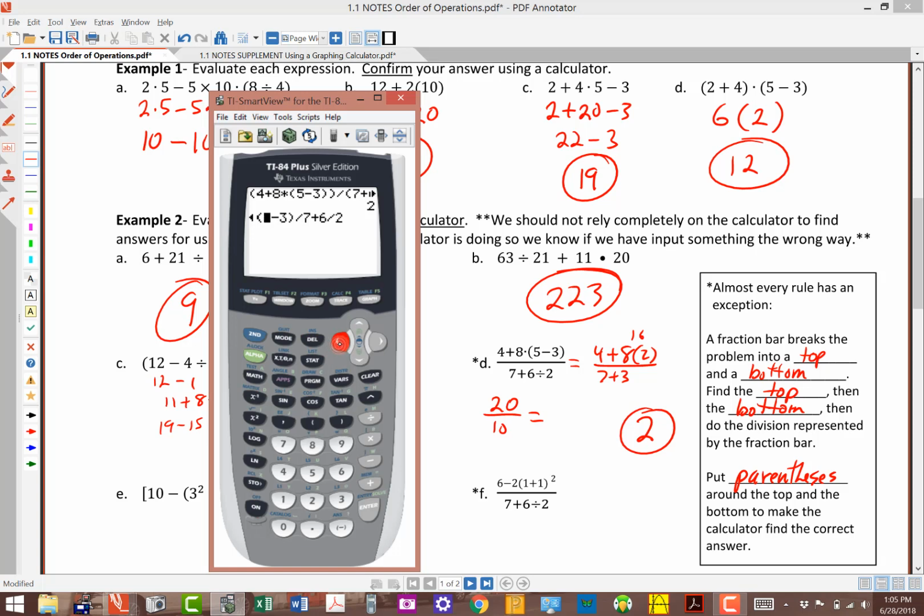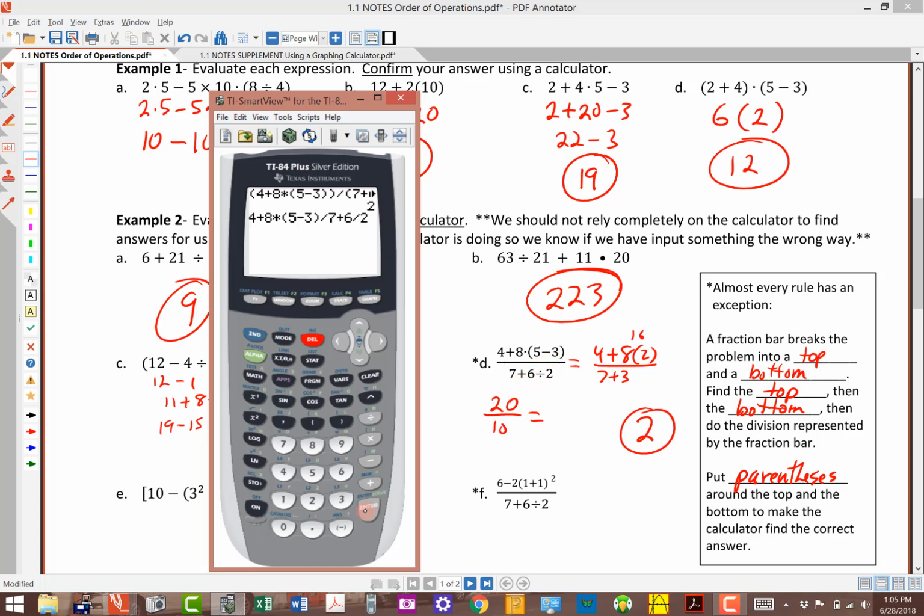Now the parentheses around the 5 minus 3 were there to begin with, so I'm going to leave it right there. Okay, and we're going to go ahead and delete that set of parentheses at the beginning. So I'm going to hit delete. And there we go. So if you take a look at this, I've got the 4 plus 8 times the 5 minus 3 in parentheses, and then divided by the 7 plus 6 divided by 2.